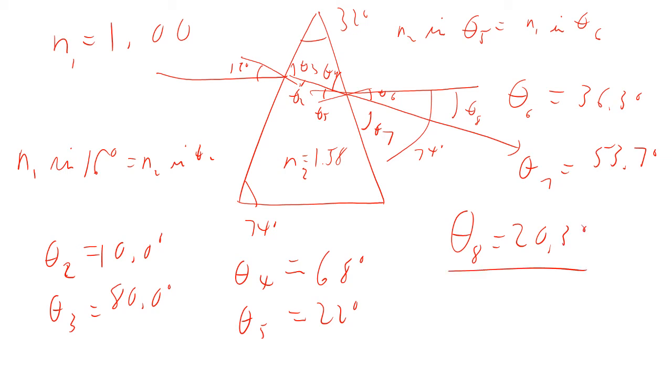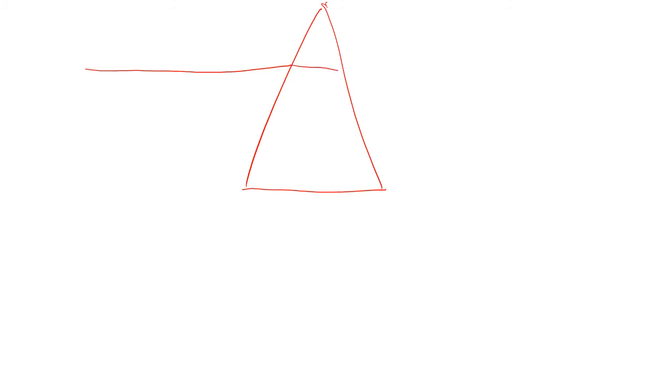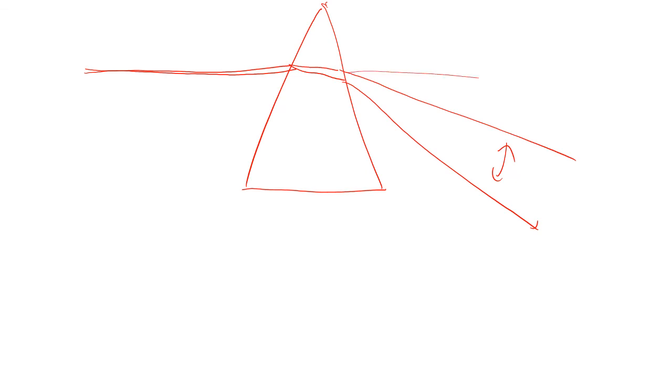Okay, so what does this mean? For a longer wavelength, it bends here, bends here, bends there. But for a shorter wavelength, it bends a little bit more, bends a little bit more. And so we have dispersion right here. So the first one here was, if you remember, 18 degrees.